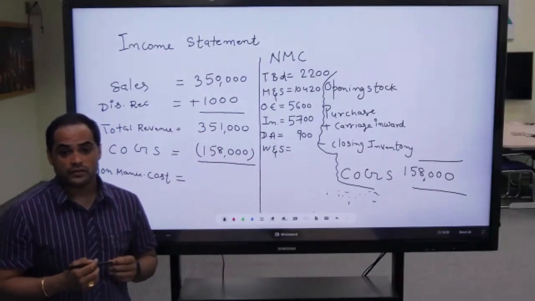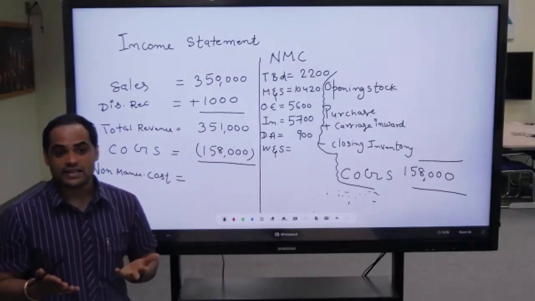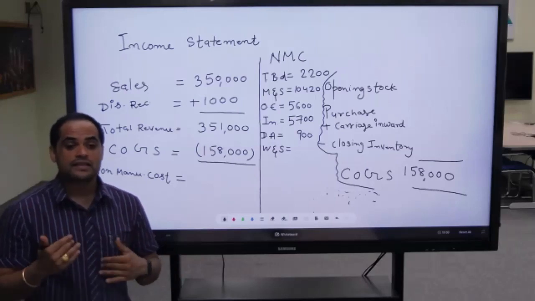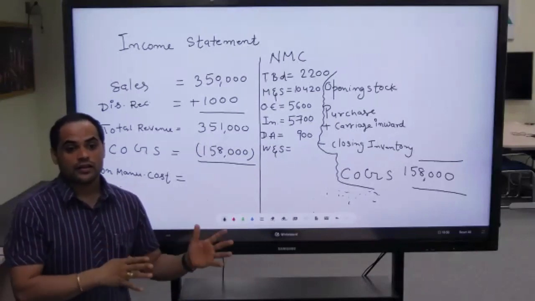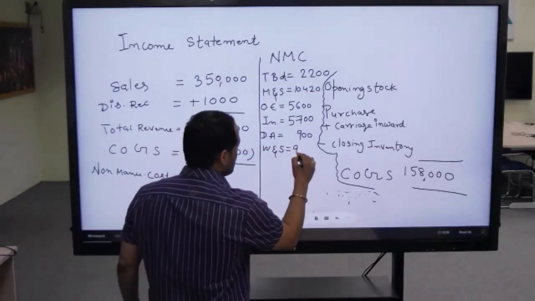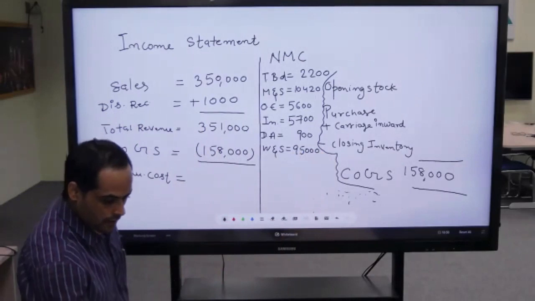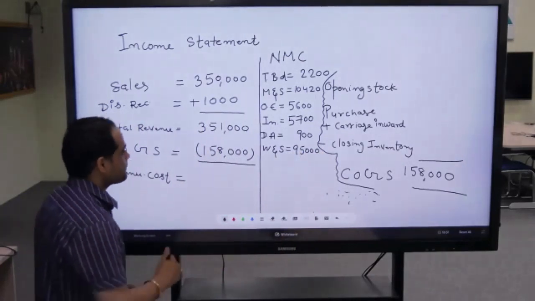Not 5,000. 90,000? No. 95,000. That's right. Because some of the salary is outstanding. As I said, any salary that is outstanding is considered an expense, and in the balance sheet it is considered a current liability. So that's why wages and salary is 95,000.